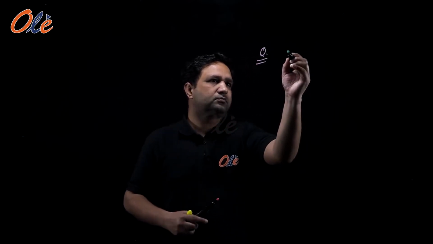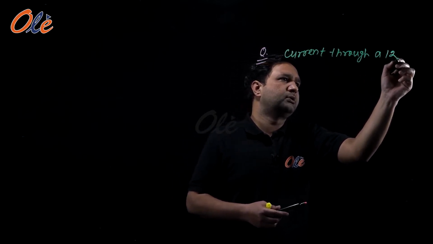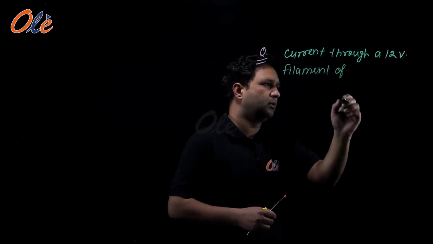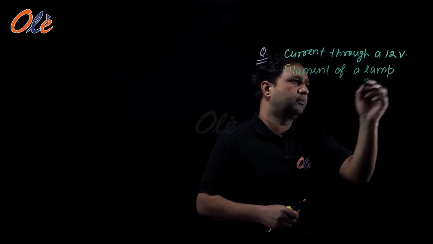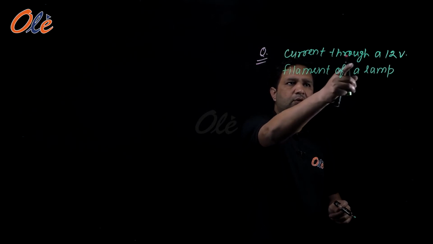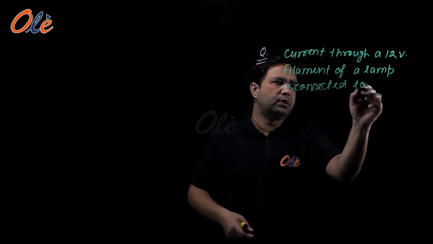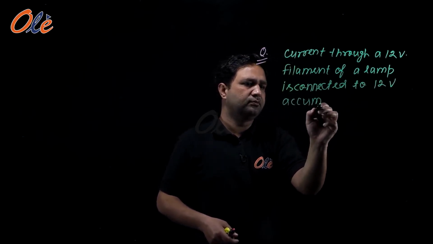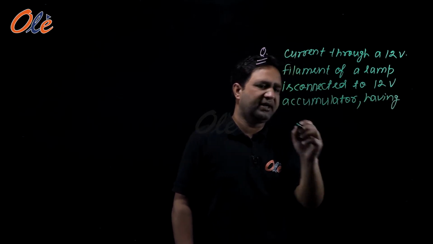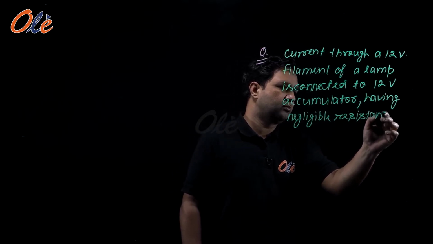The question is: current through a 12-volt filament of a lamp connected to a 12-volt accumulator having negligible resistance is 3 ampere.